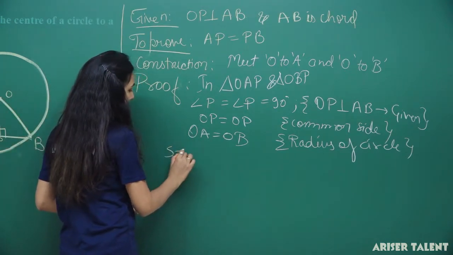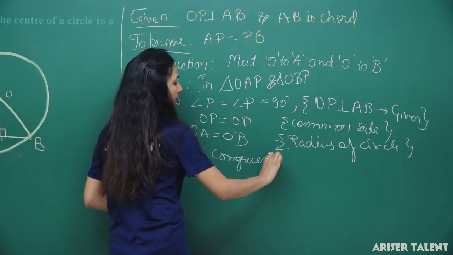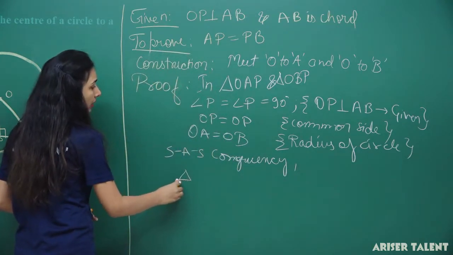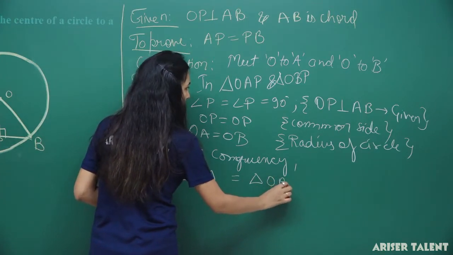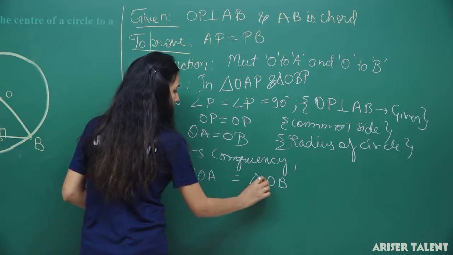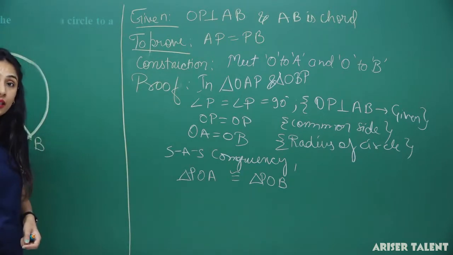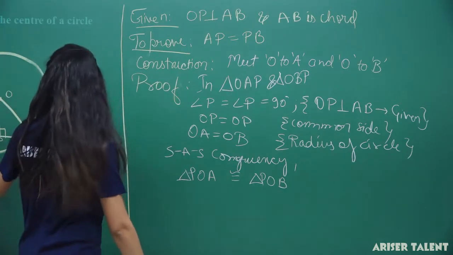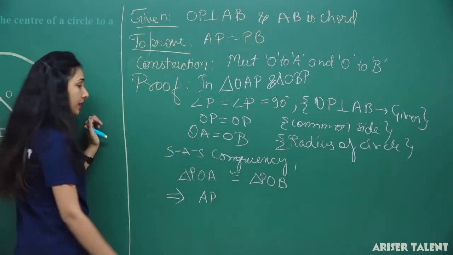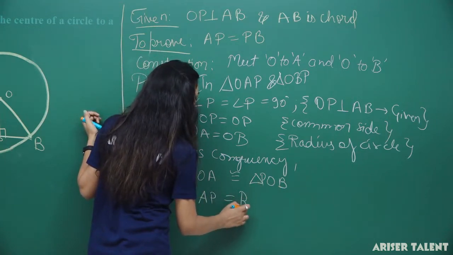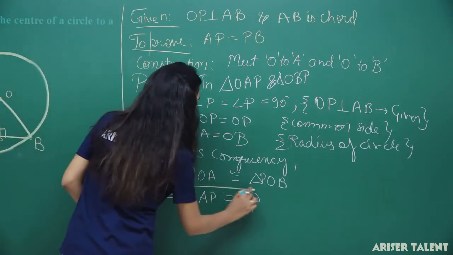So by SAS congruency, triangle POA is congruent to triangle POB. That means AP will be equal to PB, which is what you had to prove. So hence proved.